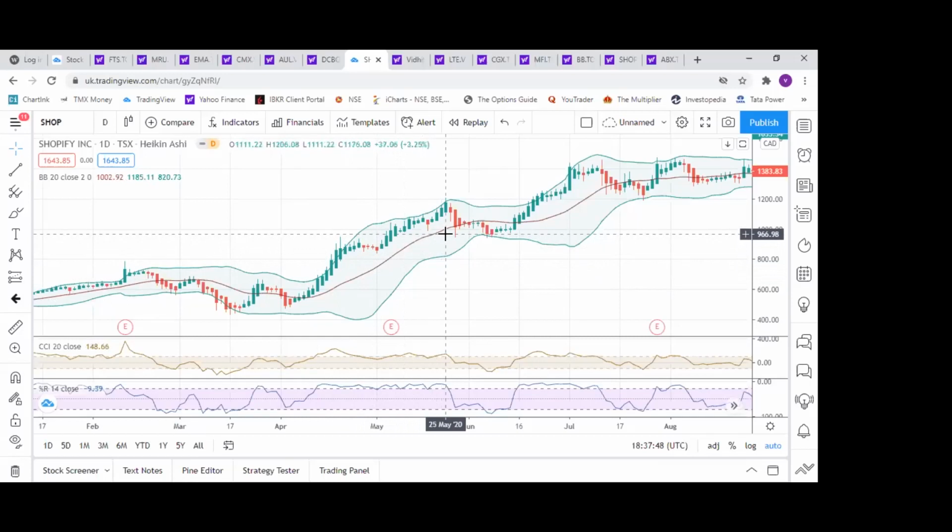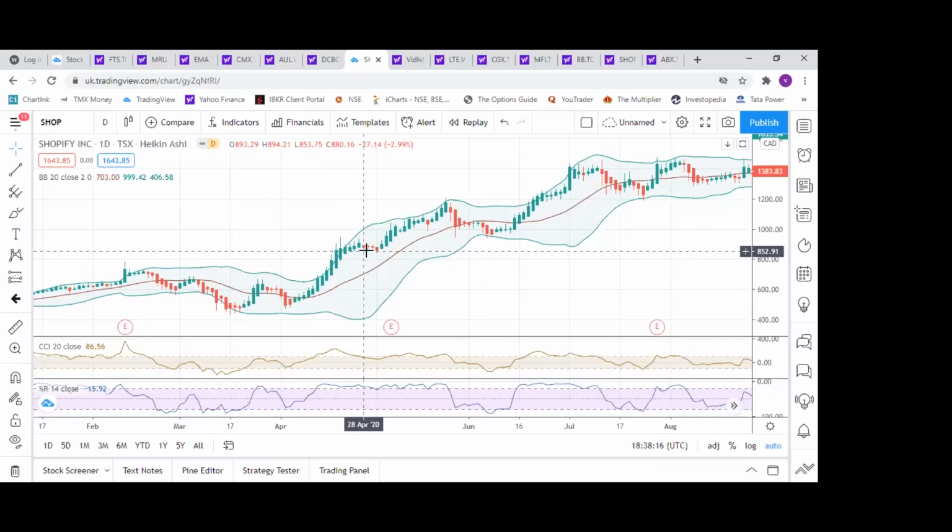The first time I get this green, red, red, red. Now I can actually exit over here also, at about the low of 853. I had entered at 555. I can exit at a figure of 853. The low was 853 next day, first red day.